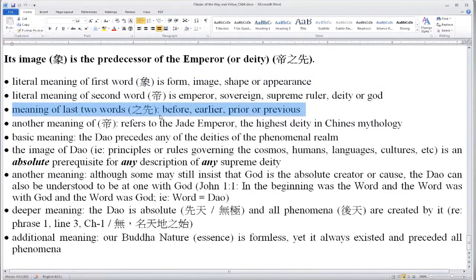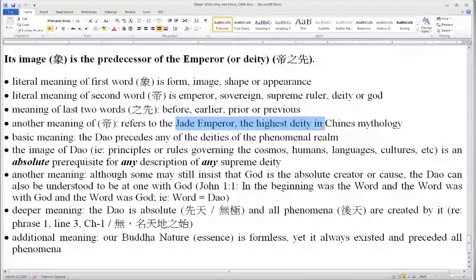Another interpretation of the character Di also refers to the Jade Emperor in Chinese mythology, the emperor in charge of the celestial realm, like the god of the celestial realm.